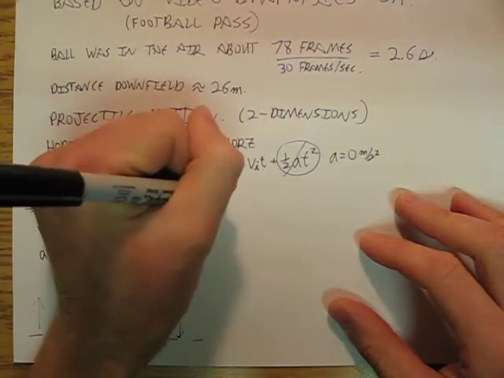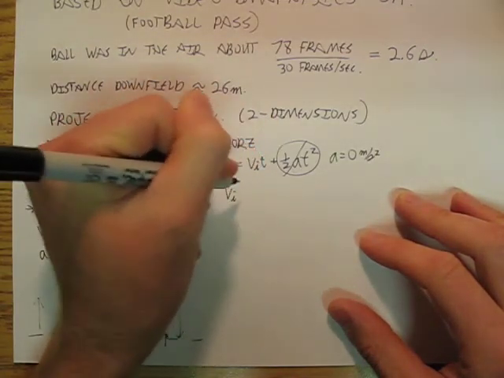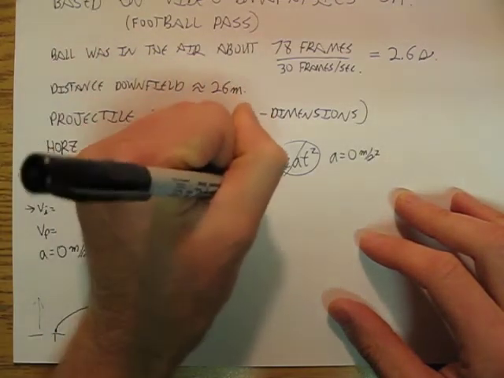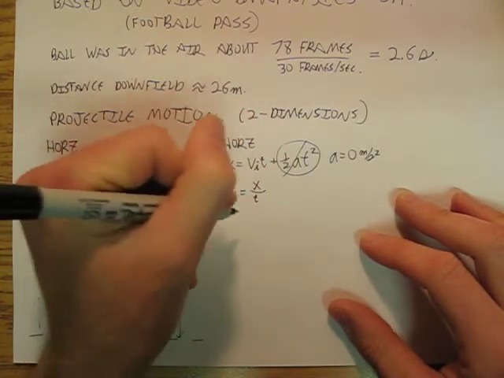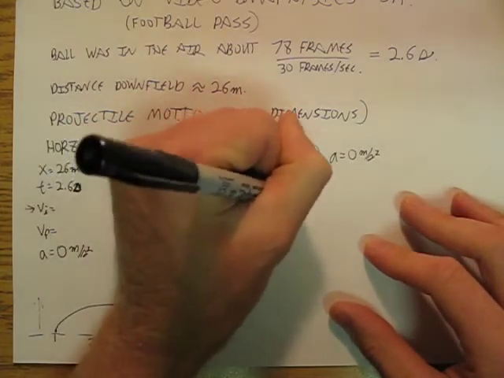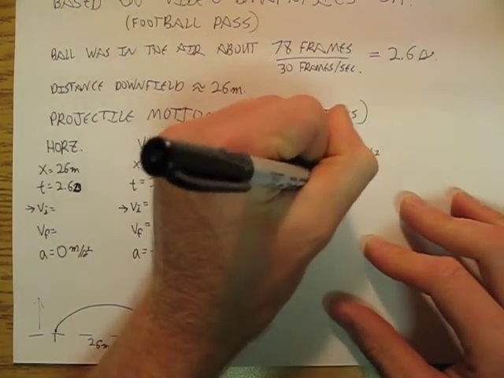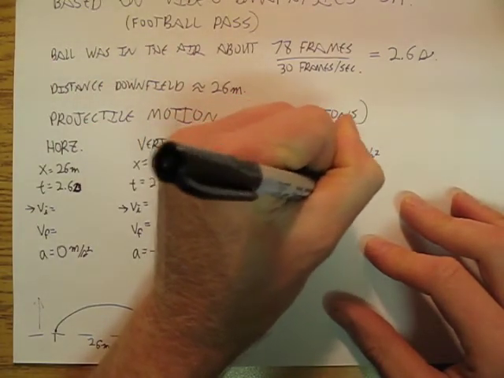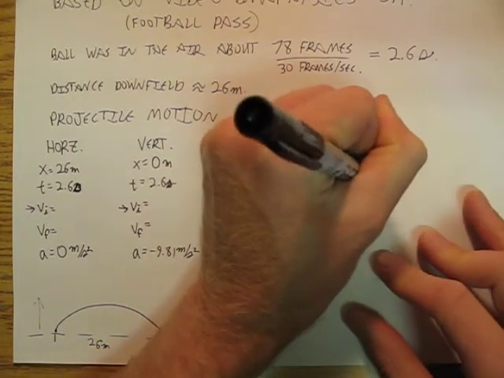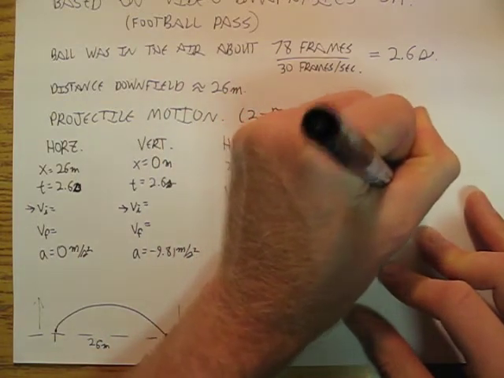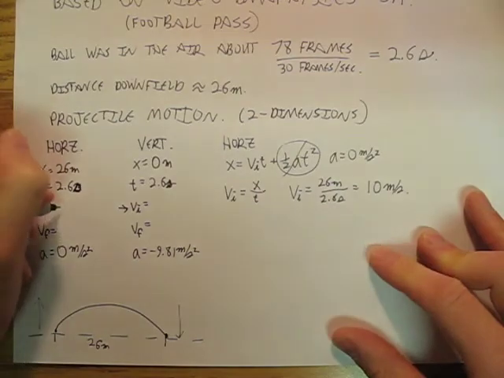And to find VI, I get VI equals x over t. So I have VI is equal to 26 meters divided by 2.6 seconds is equal to 10 meters per second.